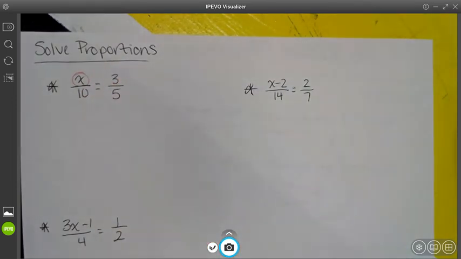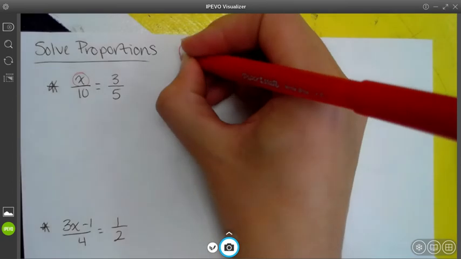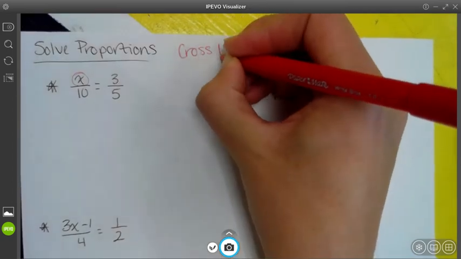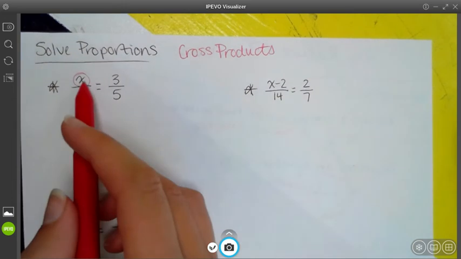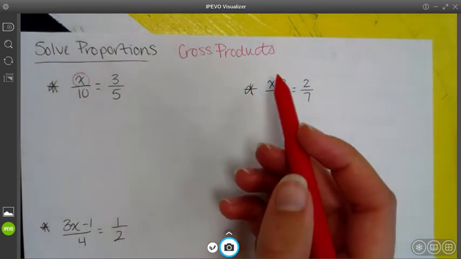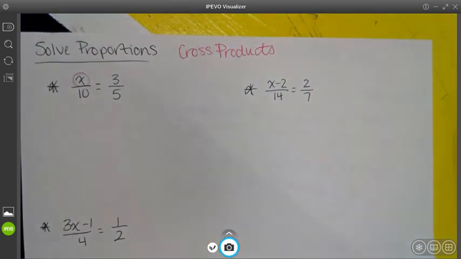Like before, when we were solving equations because we had x's in there, we had to find a value of x. Now we're solving proportions. To do this, we're going to use cross products, because we can't really simplify x over 10. So using cross products will really help us.